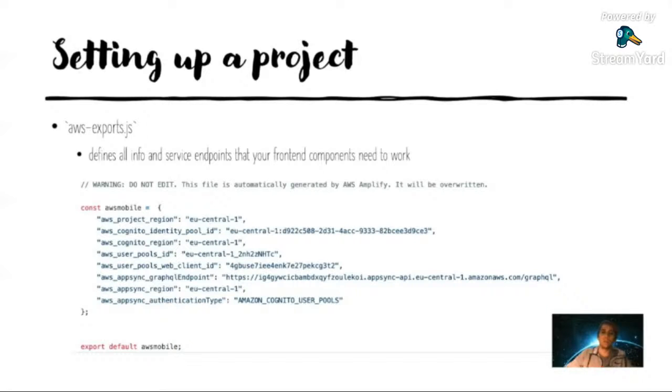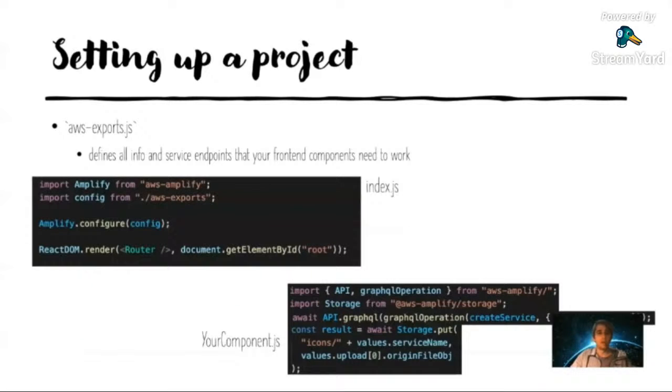So it will, for example, and you see it here, contain your GraphQL endpoint to which your frontend can send its GraphQL post requests. Now, this AWS exports file is automatically filled in for you. And then you have to use it within your application.